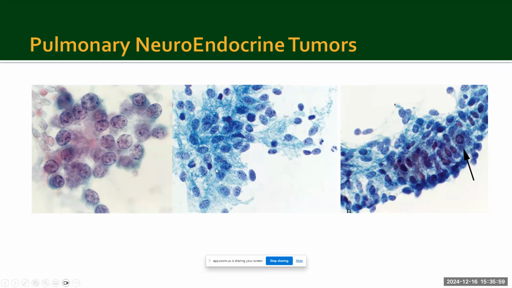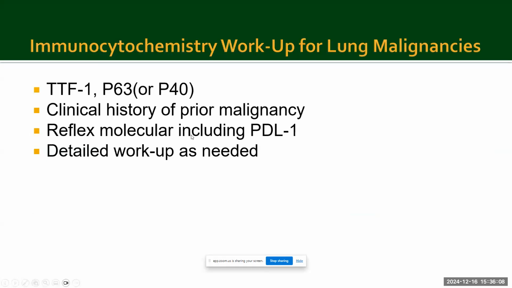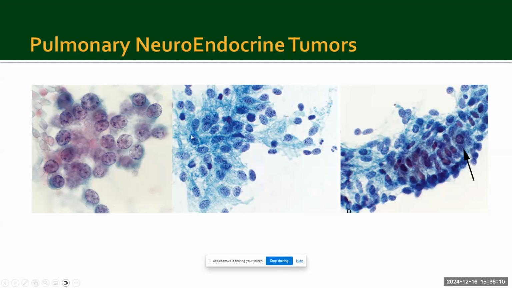Sometimes they give an appearance of a spindled look, like in the image in the center. Some of the cells have spindled appearance. It is very common to see spindled carcinoid cells in lung neuroendocrine tumors. In the image to the third, you can see a mitotic figure, which is highlighted by an arrow. So these are some of the features that are helpful.